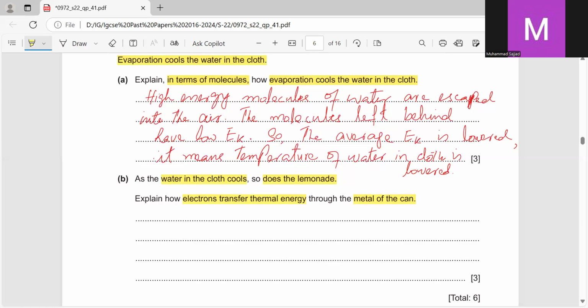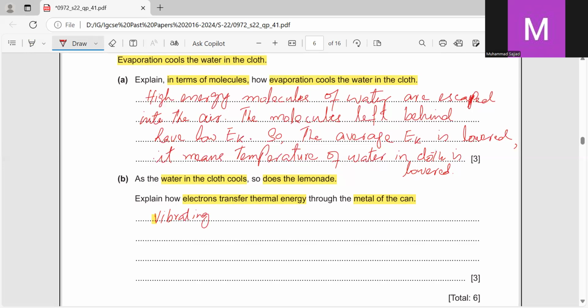So we can say that vibrating atoms, you can even say ions, hit the electrons. This is the first mark. Let me tell you how the marks will be scored. This is the first mark: vibrating ions hit the electrons. Electrons are free.